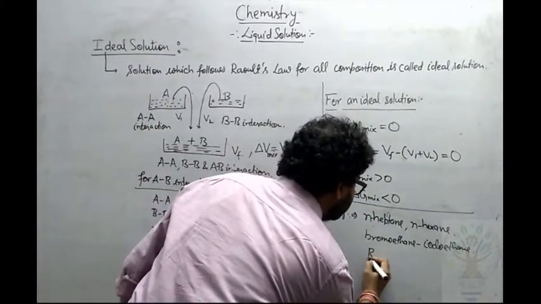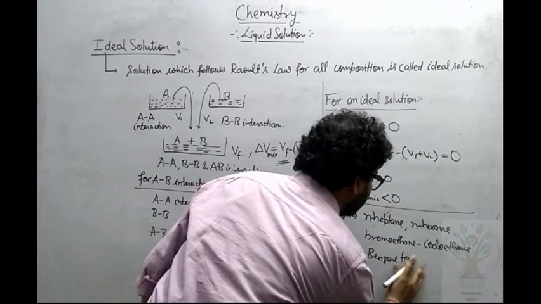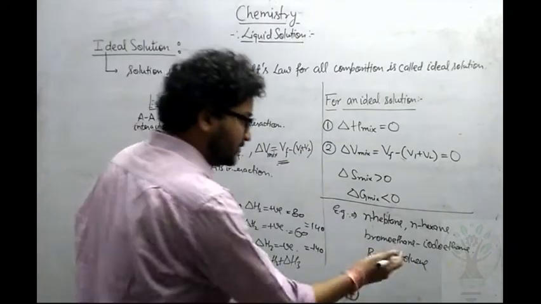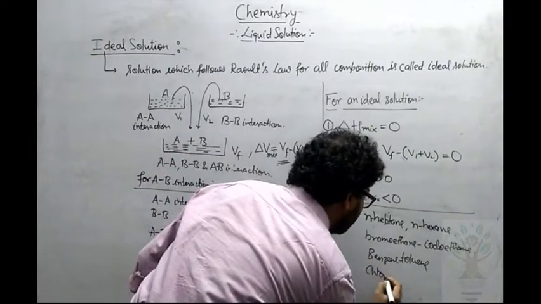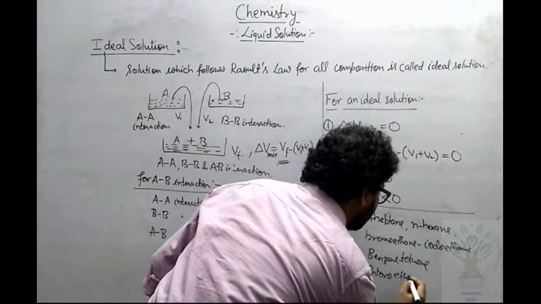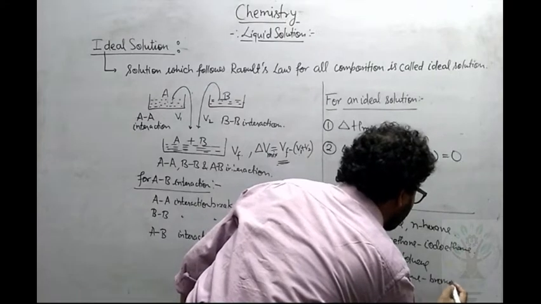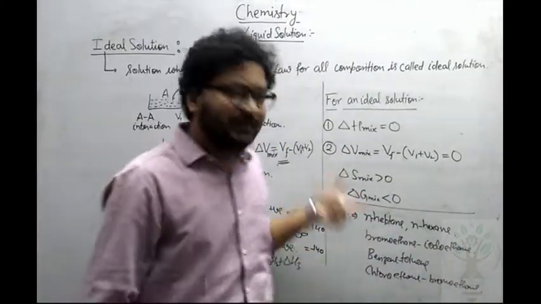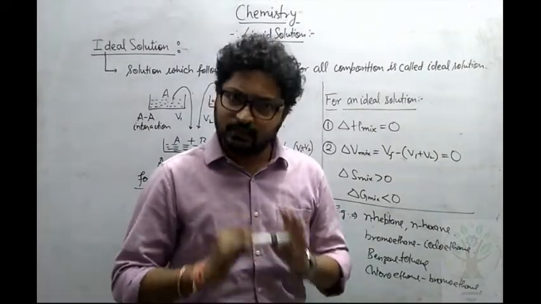Benzene, toluene, both are aromatic. Let's take one more: chloroethane and bromoethane. What do I mean? When similar type of molecules are mixed, they generally form ideal solution.